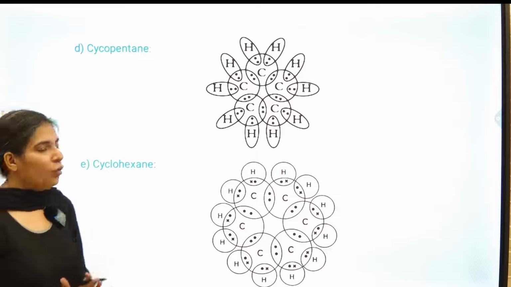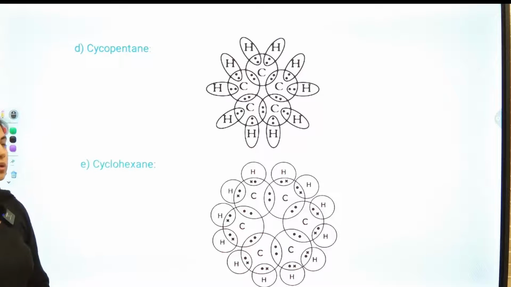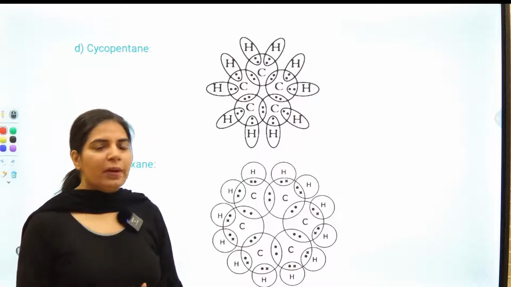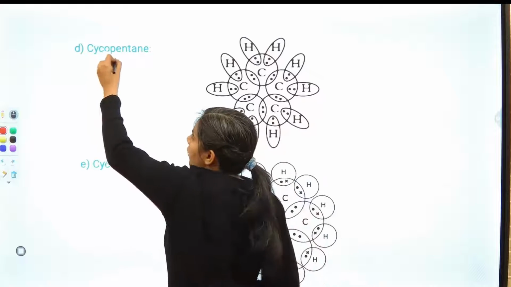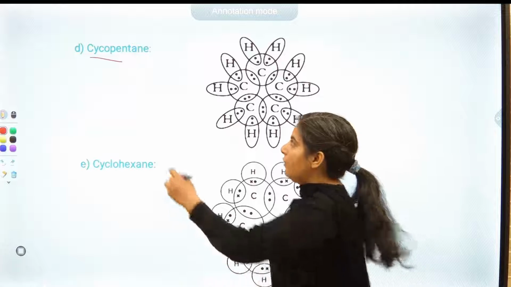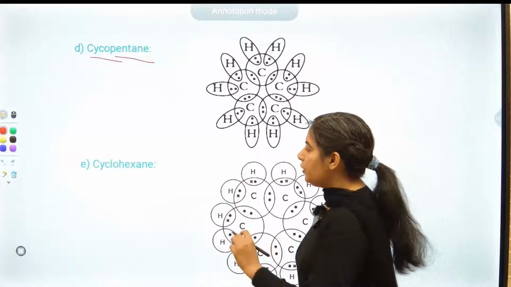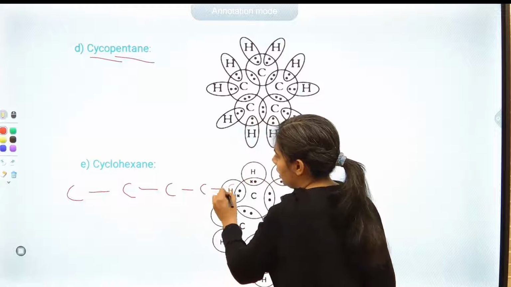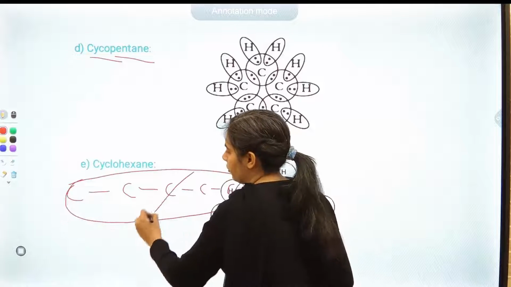In the next slide, we are going to discuss the electron dot structure of our compound, that is cyclopentane. What is cyclopentane? Here, cyclo mean a ring and pent mean we are having 5 carbons. It means we are not going to follow the straight chain pattern.